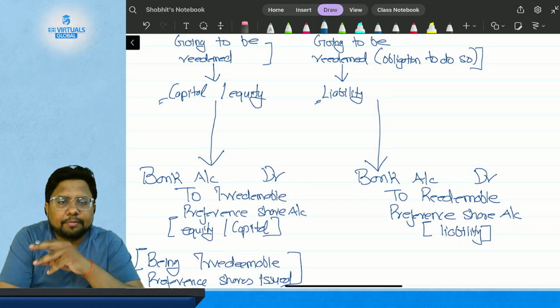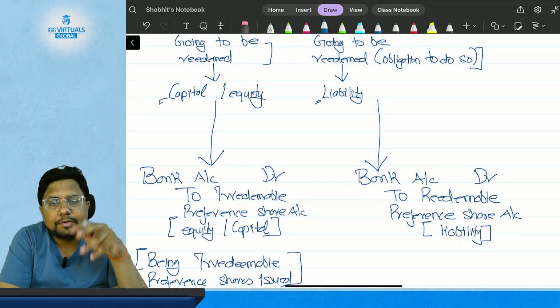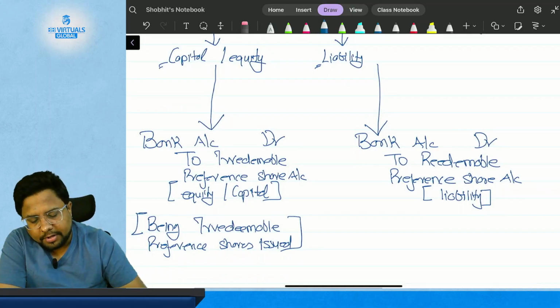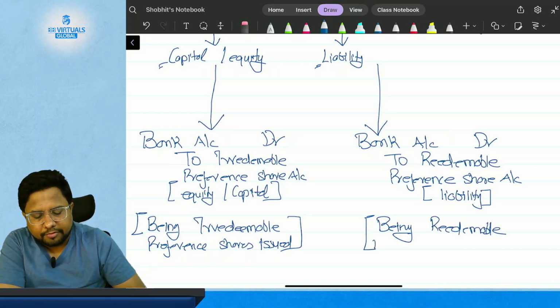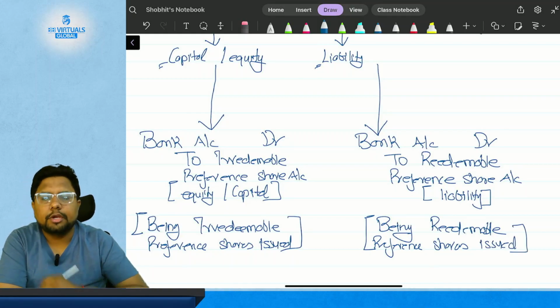Hence the narration will be: being redeemable preference shares issued.